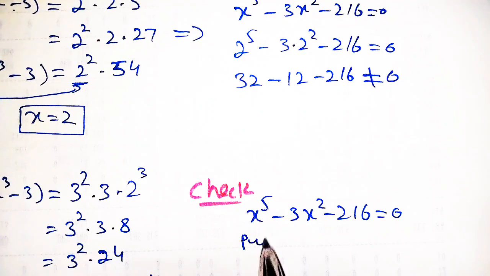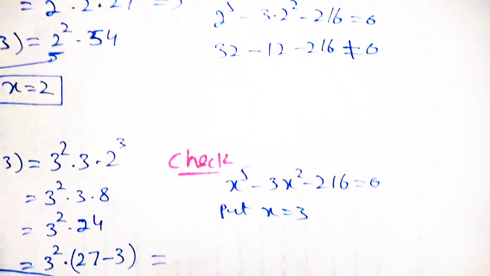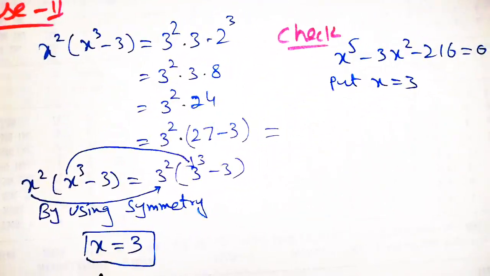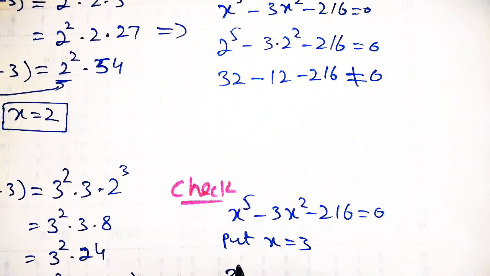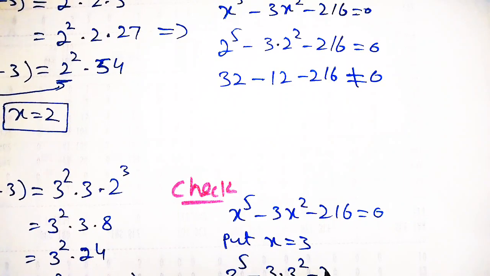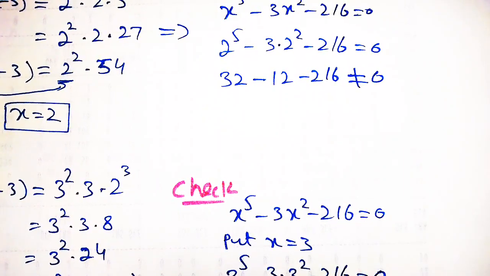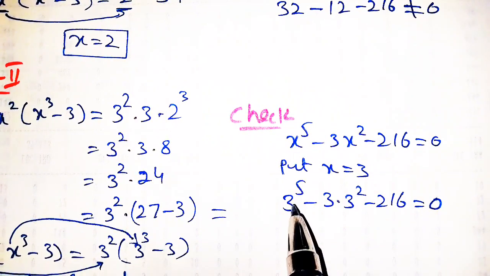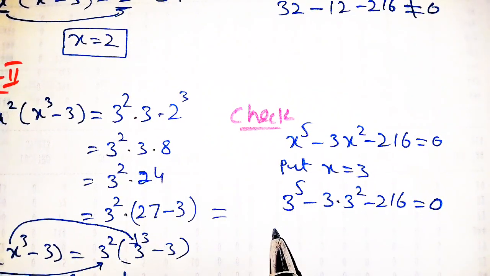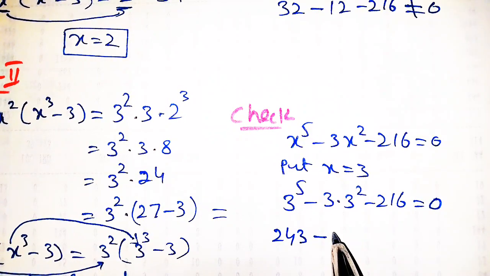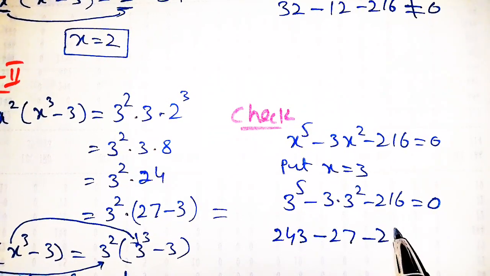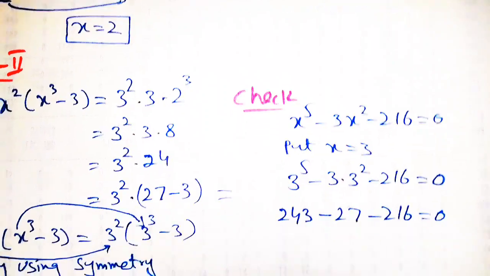Now put x is equal to 3 in this equation, which is the root we find from this factor pair. It will become 3 raised to power 5 minus 3 times 3 square minus 216 is equal to 0. Now simplifying, 3 raised to power 5 is equal to 243 minus 9 times 3 is equal to 27 minus 216 is equal to 0.